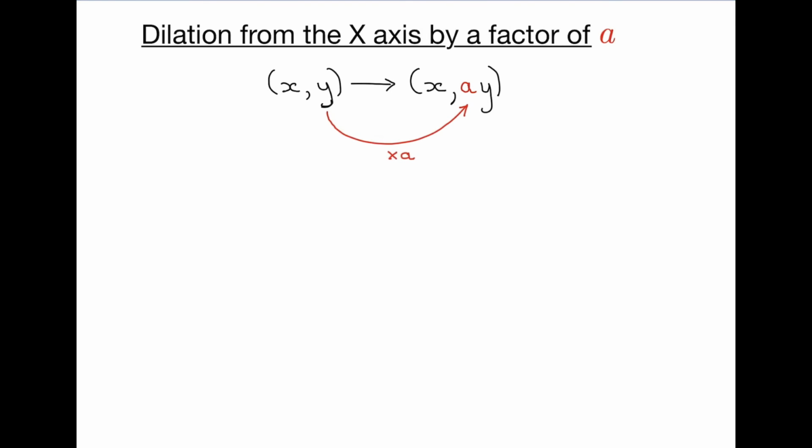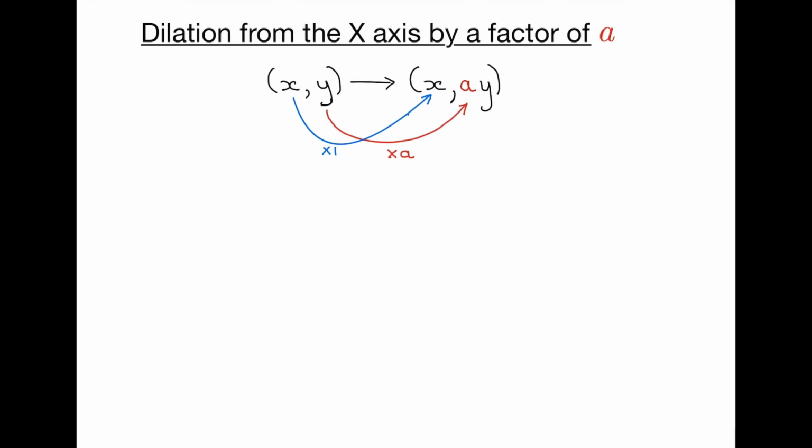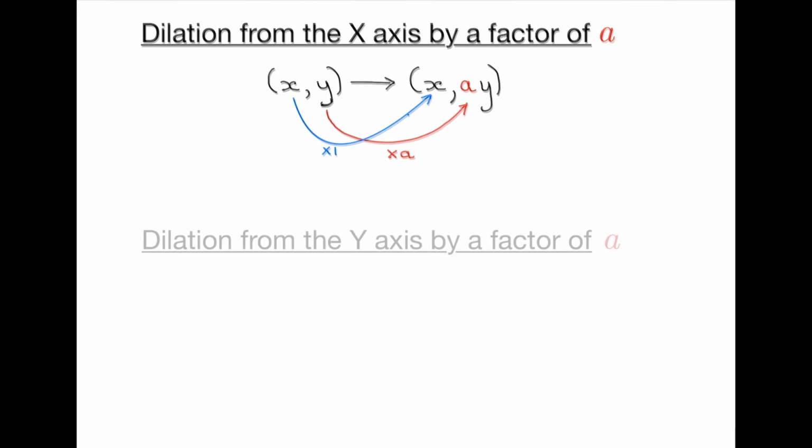Given that a is some sort of positive real number, dilation from the x-axis by a factor of a results in the point (x, y) being mapped to (x, ay). The y value has been multiplied by a, and the x value is unchanged or multiplied by 1.